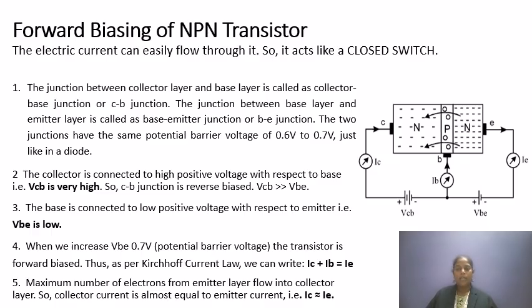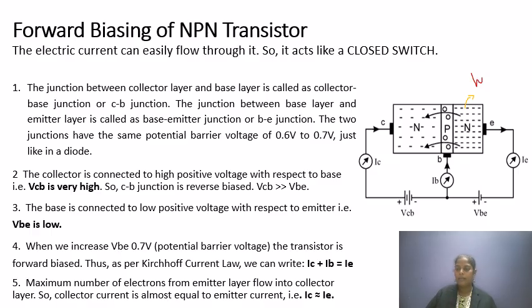Before going to the biasing, let us divide the transistor into two junctions. This is the NPN transistor. See this picture clearly. Here we have more electrons. The emitter is heavily doped, as we already discussed.